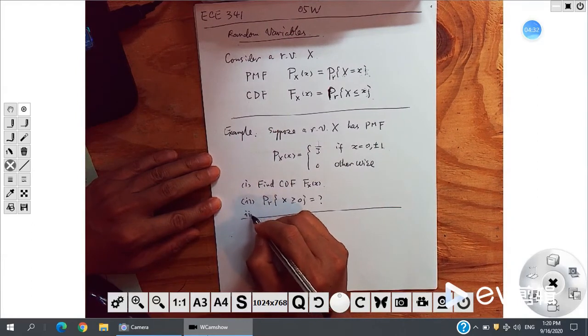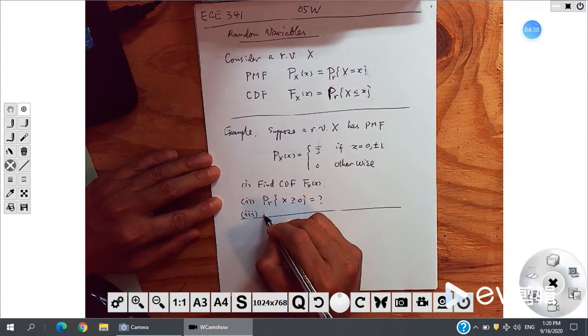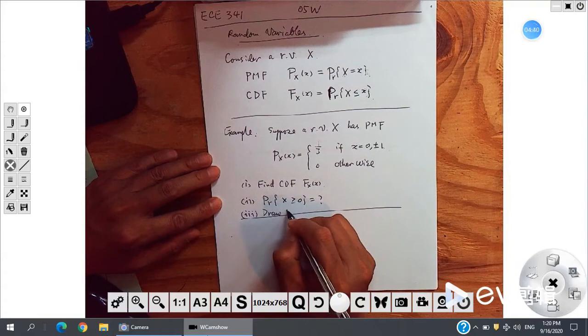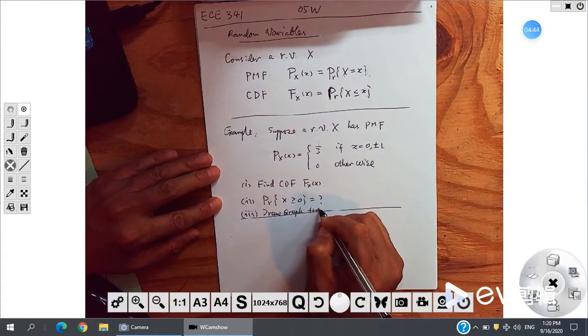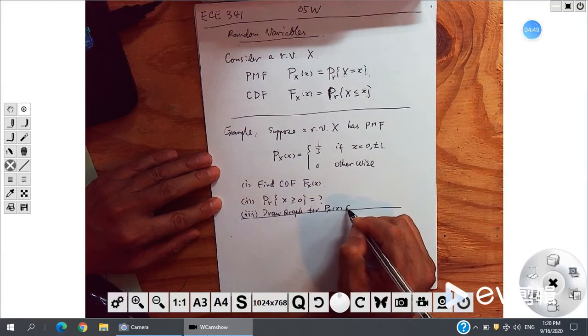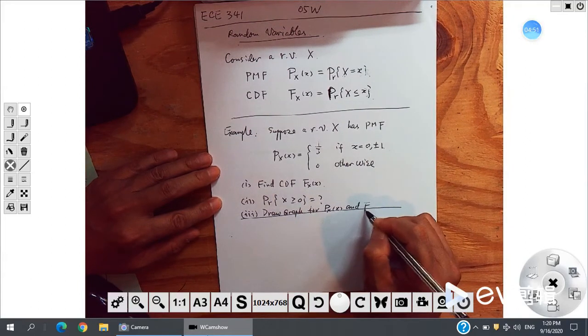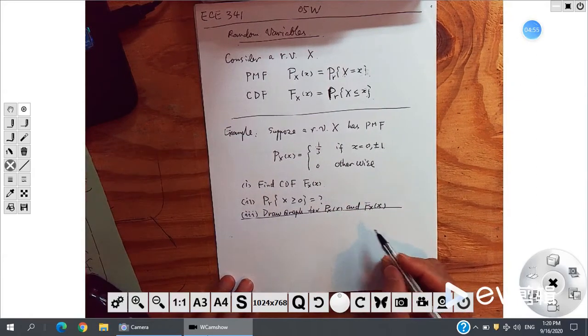Actually, this should be the first one, I write this first, so okay, this is the last one: draw a graph for both P_X(x) and F_X(x). We give the graph of them.